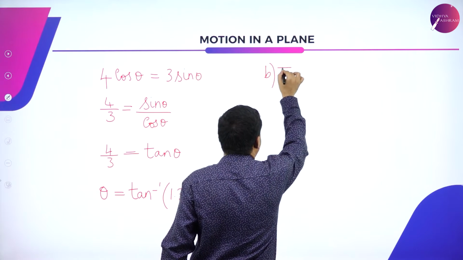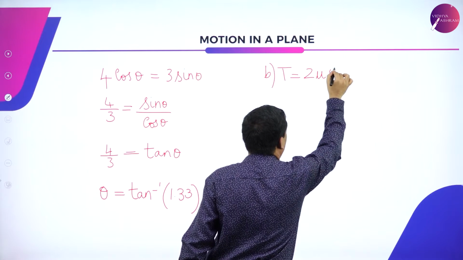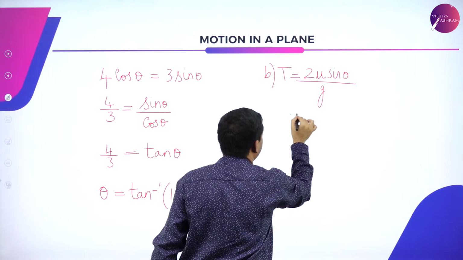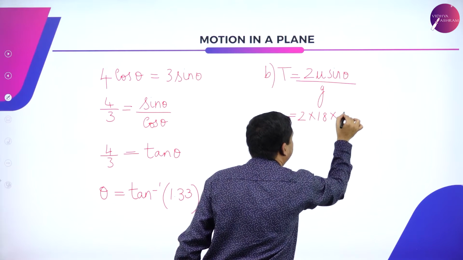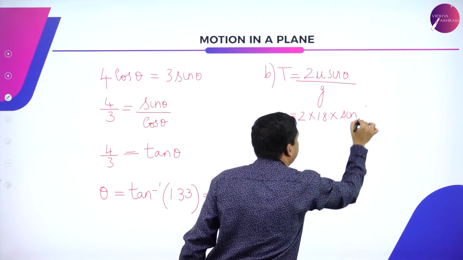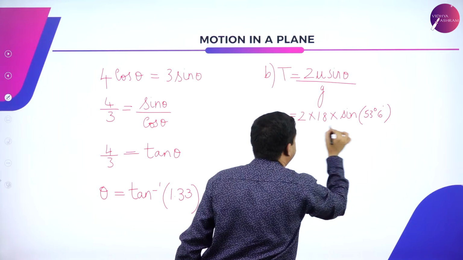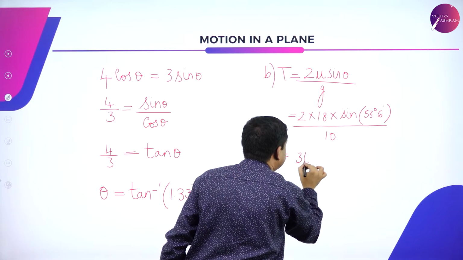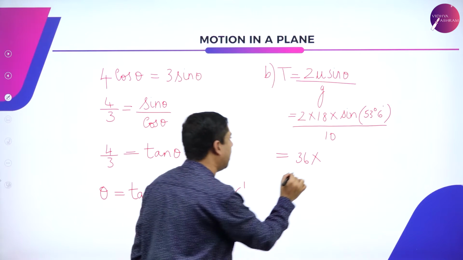With this, I have to calculate time of flight. 2u sin theta by g. 2 into u is 36. Sin 53 degrees 6 minutes by 10. Again, refer the clock's table.